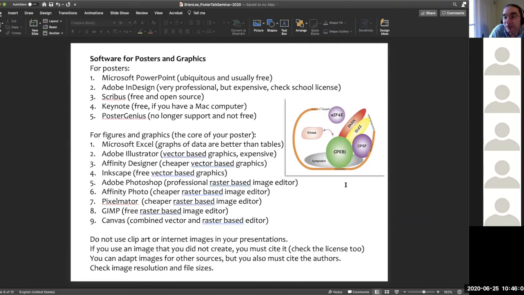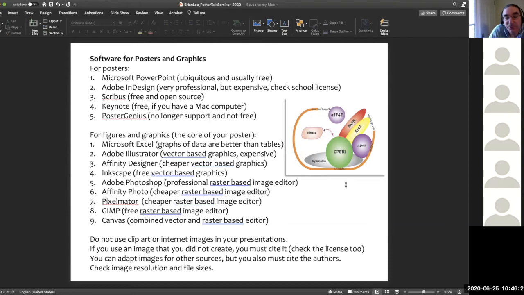So you can draw your own introduction schemes, and Illustrator is a good way to do that. Illustrator is a vector-based graphics program. The drawback, of course, is that it is expensive, but if you're at a university that has a site license, I would go ahead and use it.